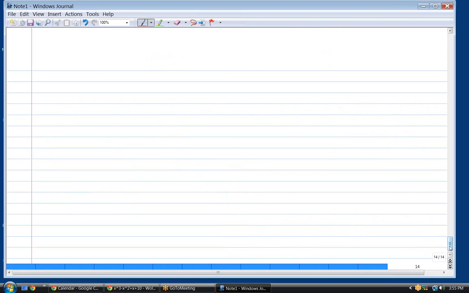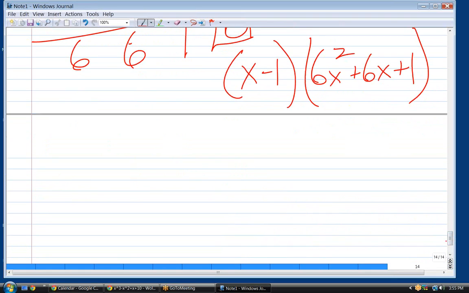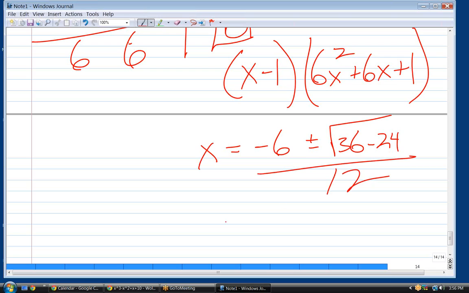And does that factor easily? I don't think it does. 3 and 2 don't work. So if I plug that into the quadratic formula just to see whether we even have imaginary solutions or not, I get minus 6 plus or minus the square root of 36 minus 4 times A times C, which is 24, all divided by 12.